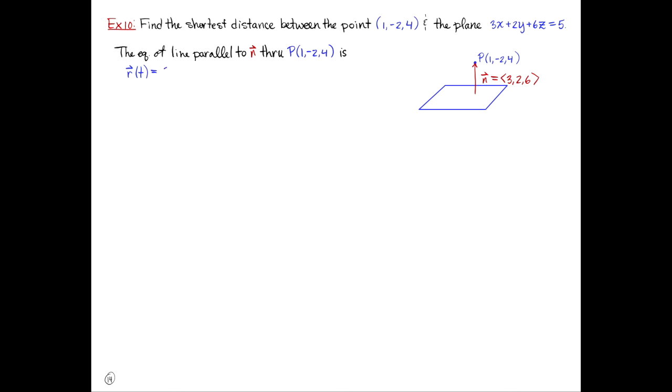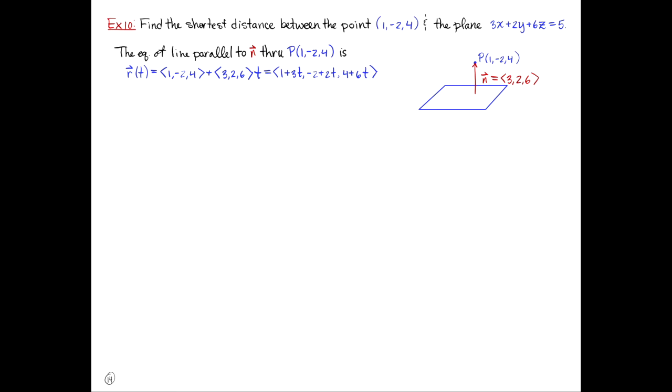So p is 1, -2, 4, plus, using our normal vector as our direction vector, we have 3, 2, 6 times t, which we can also write as 1 plus 3t, -2 plus 2t, 4 plus 6t.